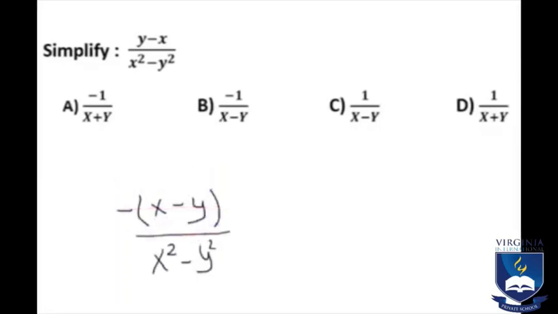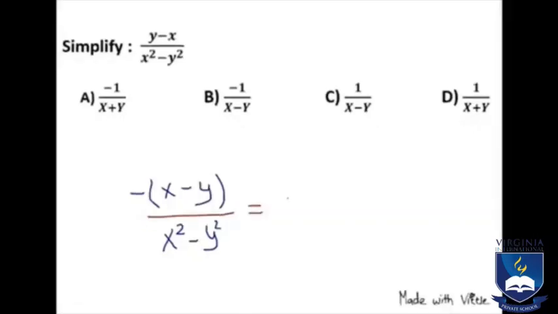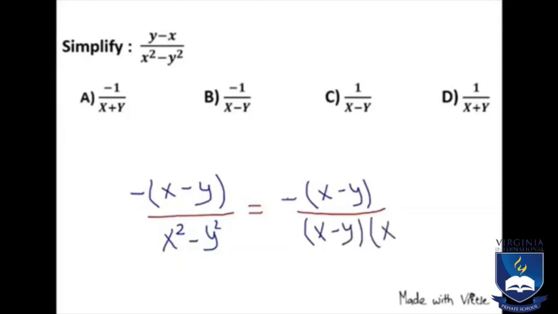The expression down is a difference of two perfect squares, so I'm going to factor it. Equals negative (x minus y) over (x minus y) and (x plus y).